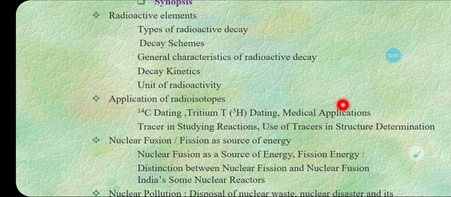The most important part in the chapter is applications of radioisotopes: C14 dating isotope, tritium dating isotopes. These give very important information about the age of different articles.